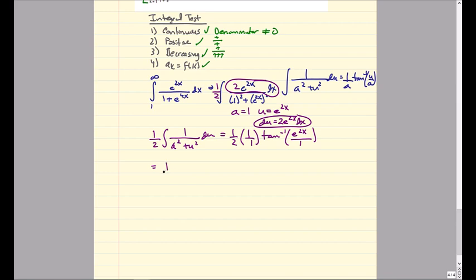So rewriting, I have 1/2 inverse tangent of e to the 2x. And I'm evaluating this from 1 to infinity. So this is 1/2 limit as x approaches infinity of the inverse tangent of e to the 2x minus 1/2 inverse tangent of e to the 2 times 1.